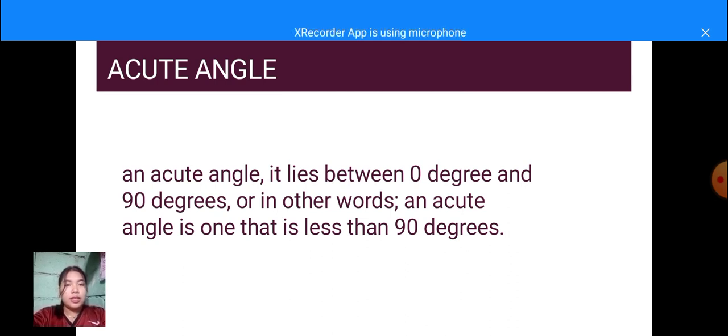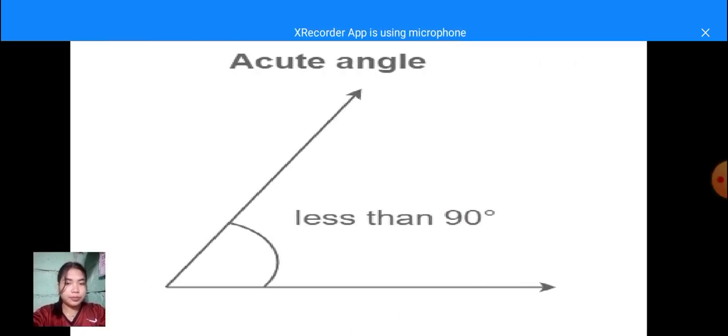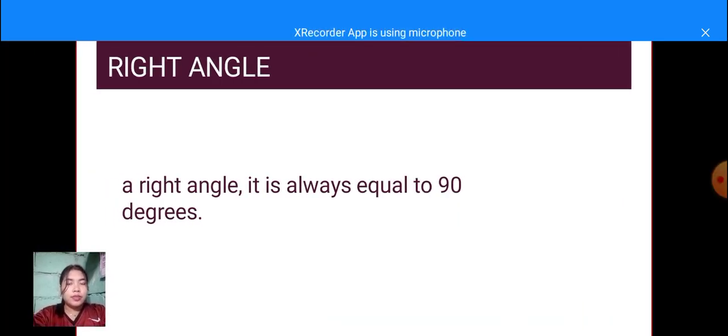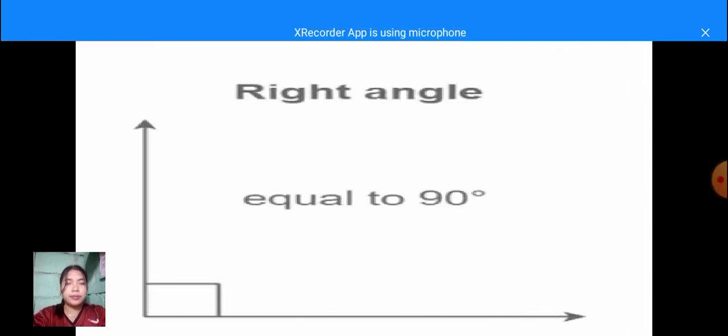For acute angle, an acute angle lies between 0 degrees and 90 degrees, or in other words, an acute angle is one that is less than 90 degrees. Here is an example of an acute angle, less than 90 degrees. For right angle, a right angle is always equal to 90 degrees.